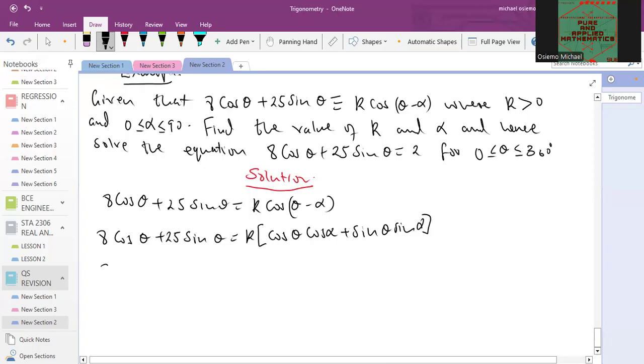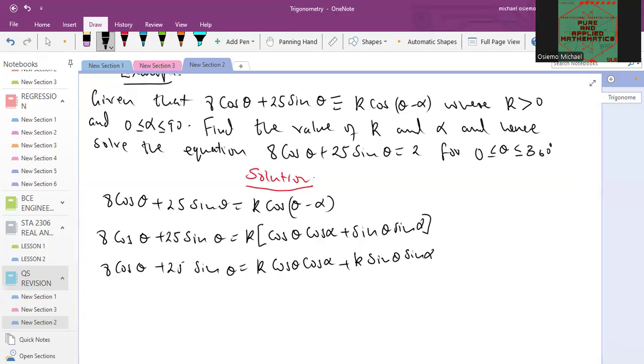So that now you have 8 cos theta plus 25 sin theta is equal to, opening up the bracket with R, R cos theta cos alpha plus R sin theta sin alpha.